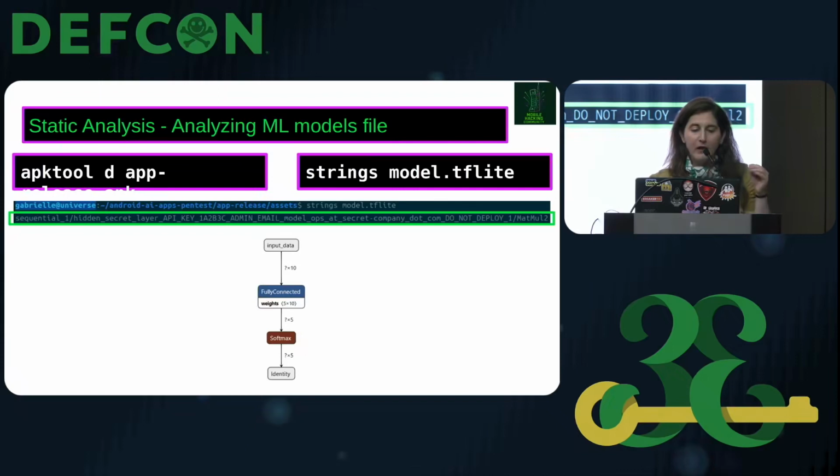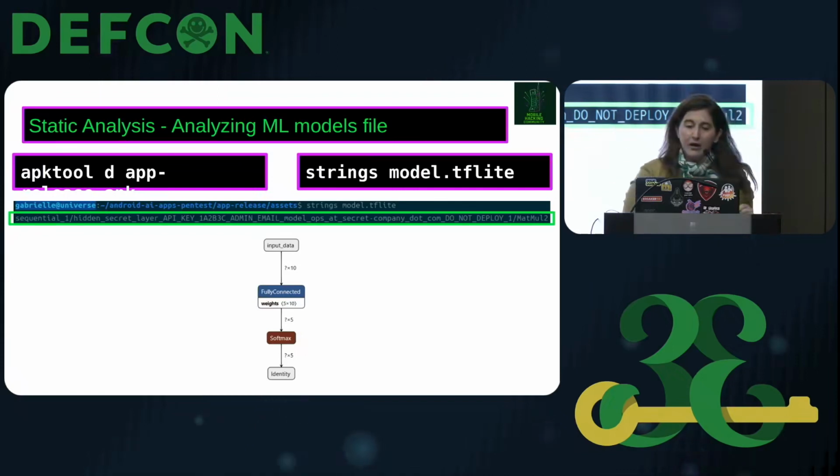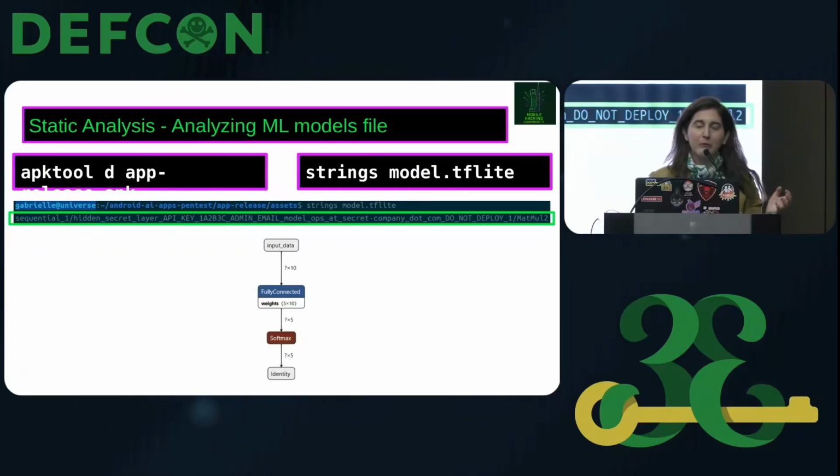So it's the TF Lite files that you can see here. So here with just strings, one of the first commands we learn when we do CTF, we were able to find an API key.